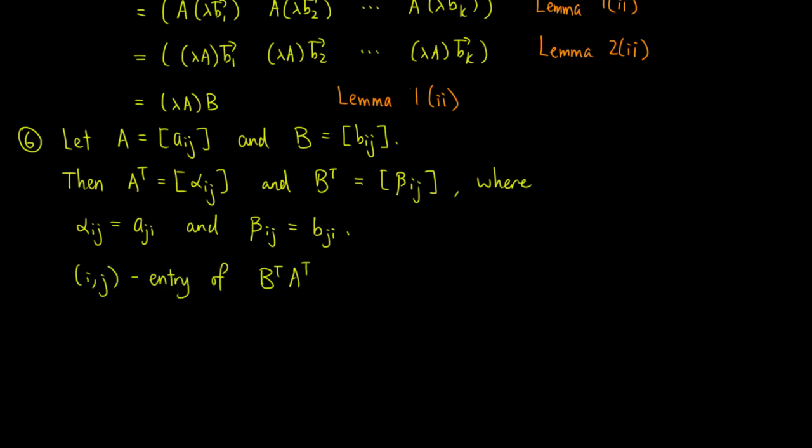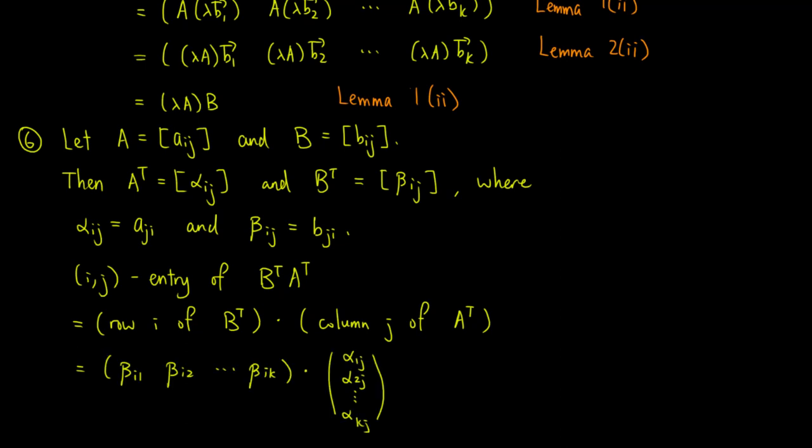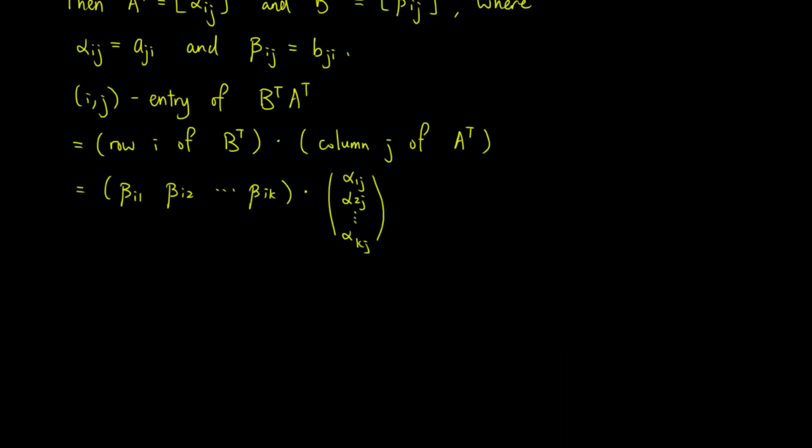Now, the ij entry of B transpose times A transpose equals row i of B transpose dot column j of A transpose, which equals (beta i1, beta i2, up to beta ik) dot (alpha 1j, alpha 2j, up to alpha kj). This dot product equals beta i1 times alpha 1j plus beta i2 times alpha 2j plus all the way to beta ik times alpha kj.